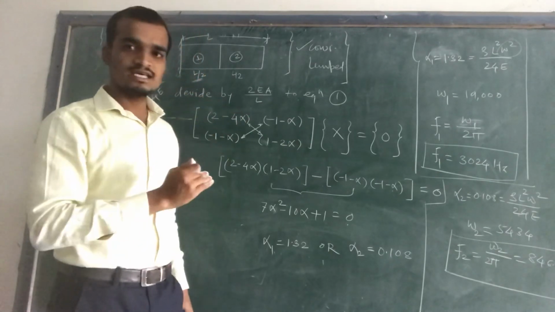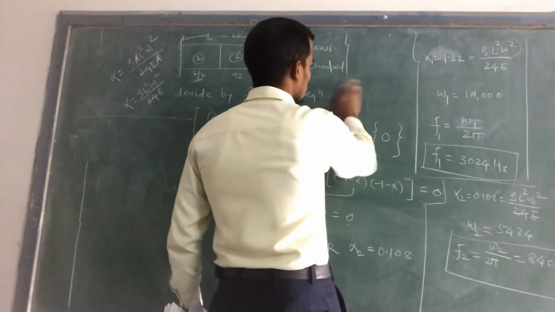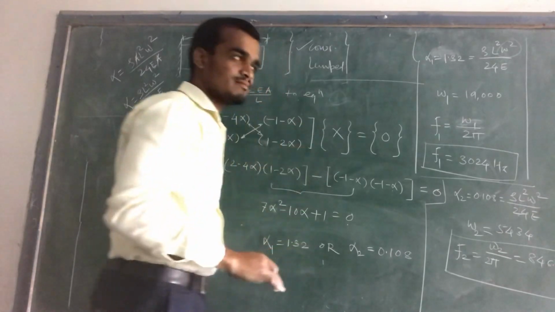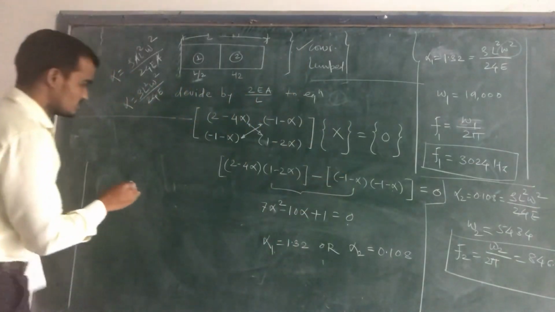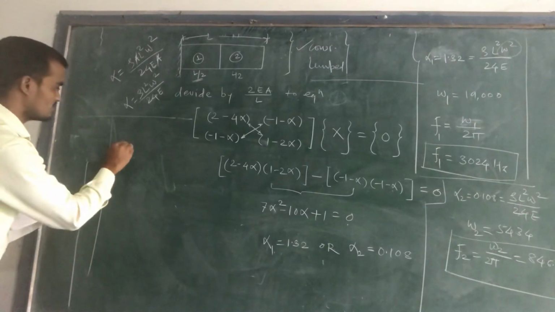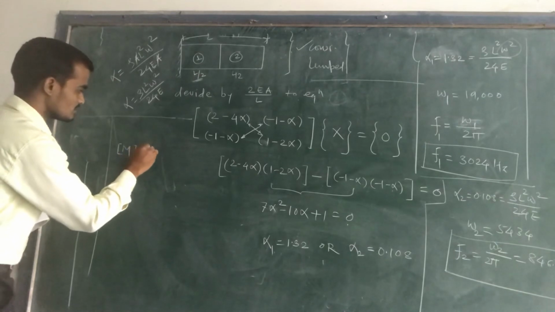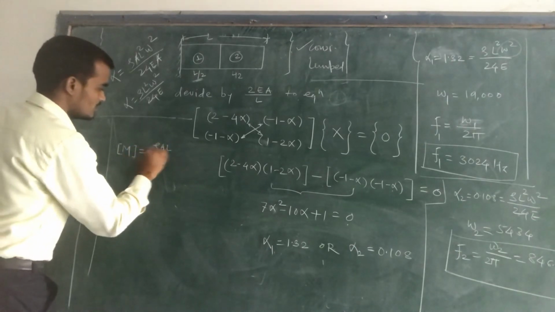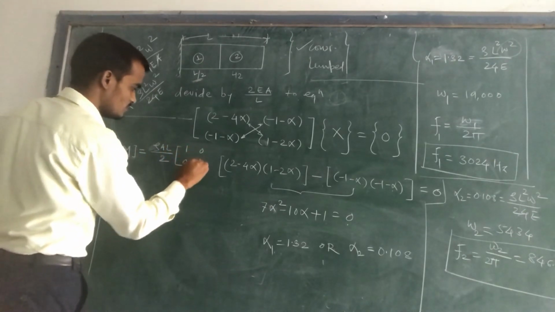The only change is that the stiffness matrix calculation will remain the same. The only change is the mass matrix. We need to change the mass matrix, and the mass matrix for the lumped mass matrix system is given by rho into A into L divided by 2 in bracket 1 0 0 1.